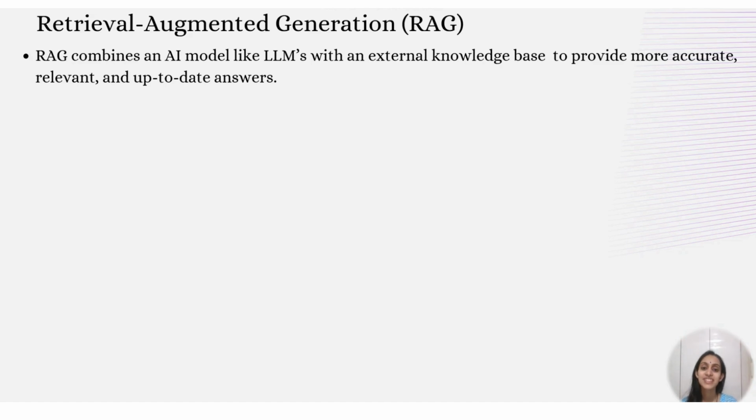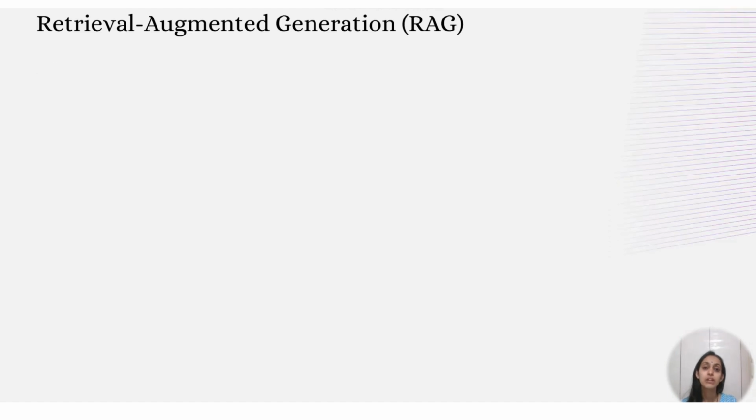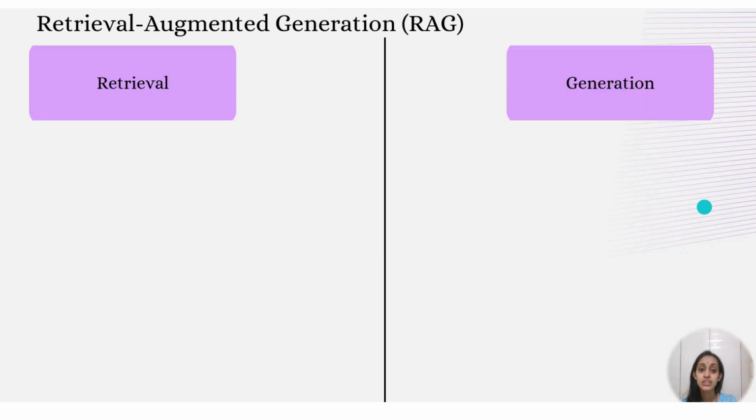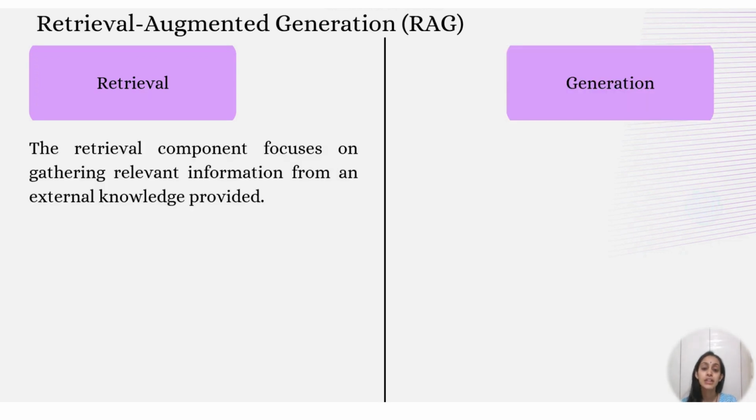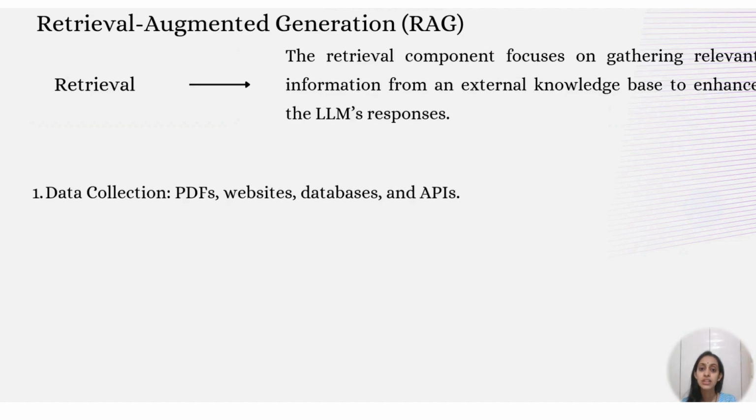Next approach is RAG. When we want external knowledge to be incorporated with the LLM, at that time we use the RAG approach, which involves two main components, retrieval and generation. Now in the retrieval part, we collect the data from external sources, which can be in the form of PDFs, websites, databases or APIs.